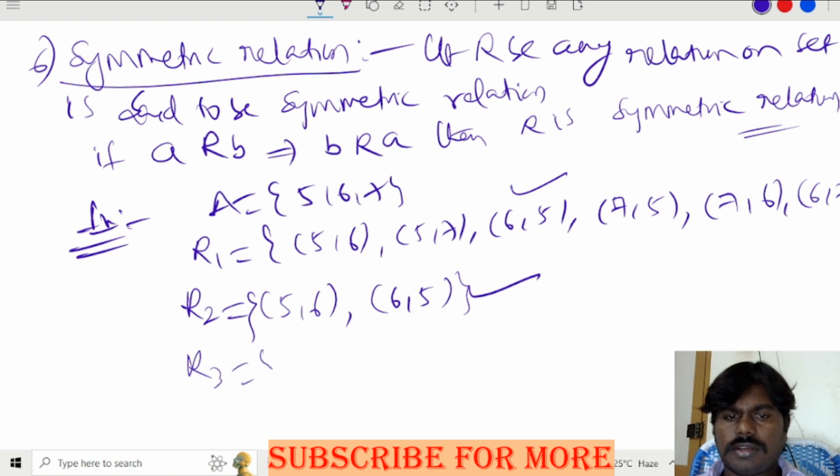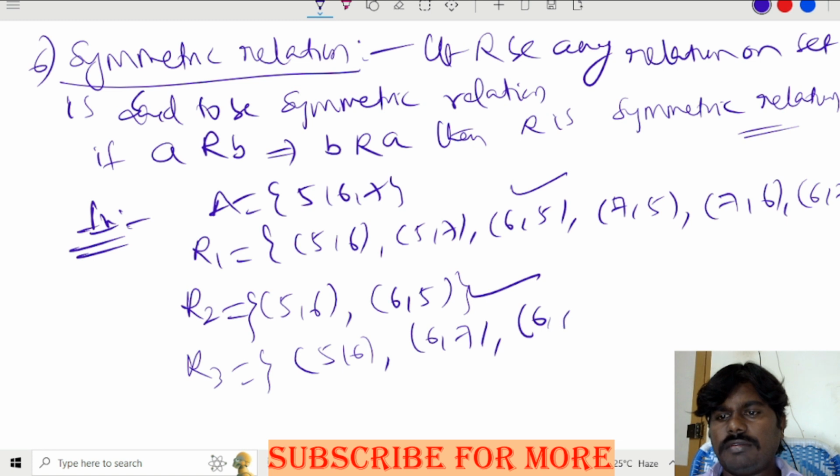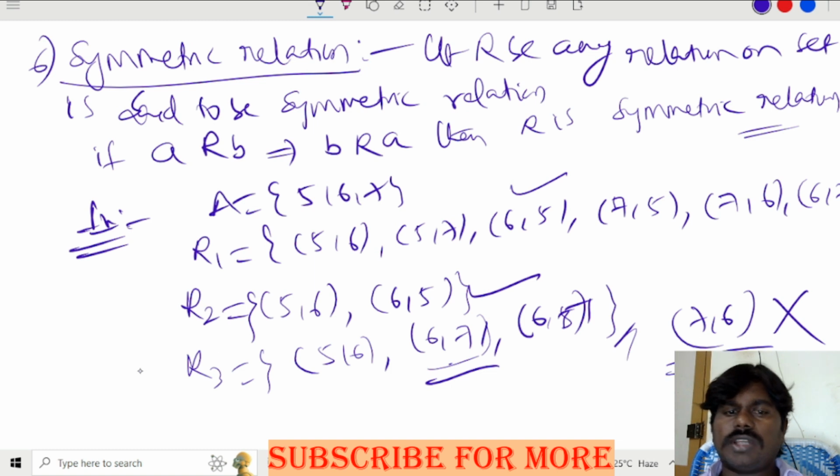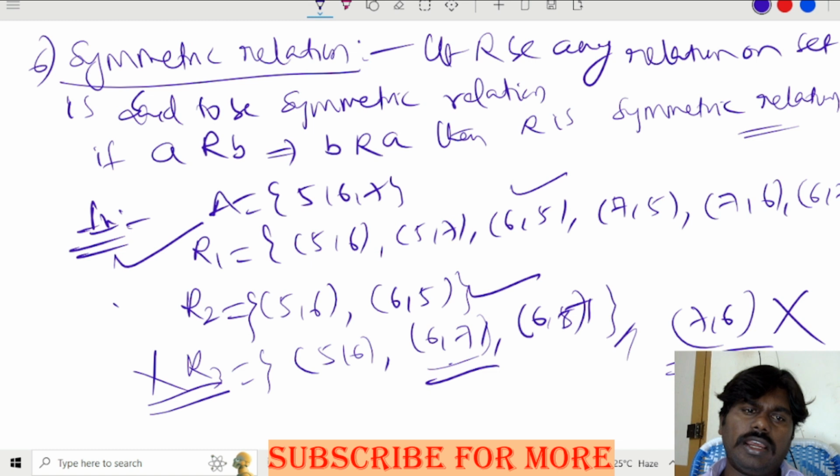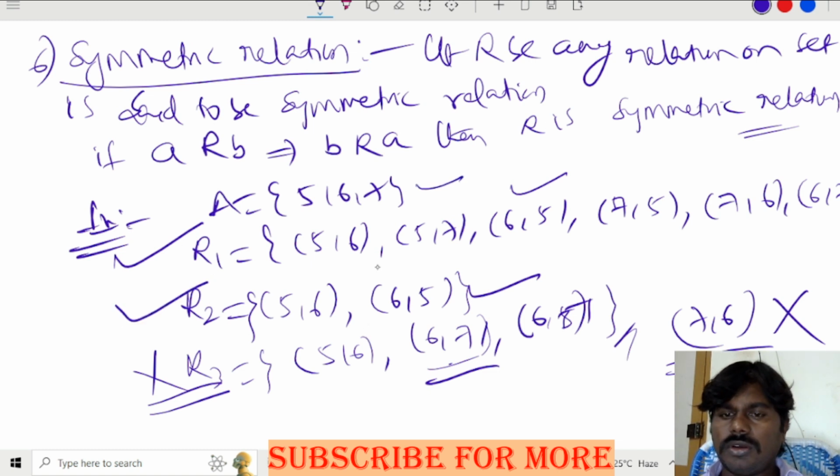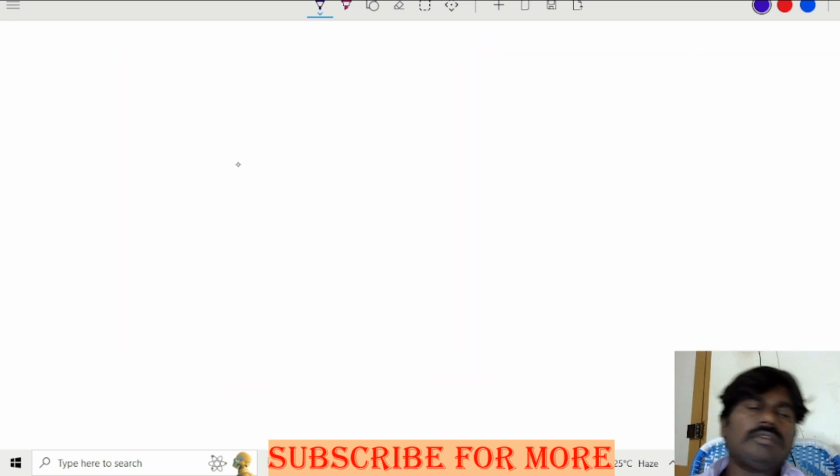And if you see another example, 5 comma 6, 6 comma 7 and 6 comma 5, this is another relation, but this relation is not symmetric because 6 comma 7 is there in this, but 7 comma 6 is not there, so R3 is not a symmetric relation. Only R1 and R2 are symmetric relations on set A.